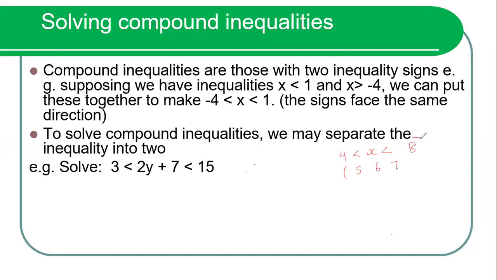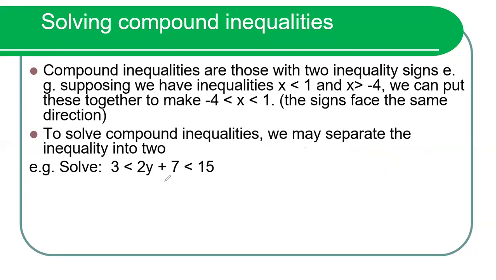So this one is what we call a compound inequality. So how do we solve a compound inequality? We have two approaches. I'm going to teach you both, and then you choose which one is easier for you.